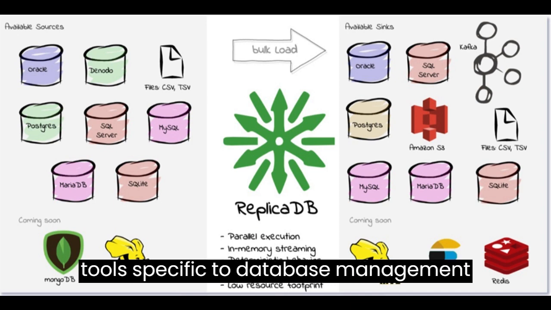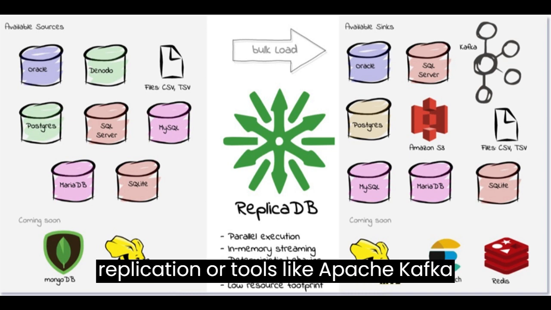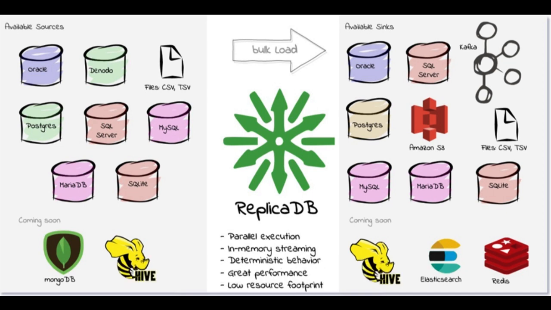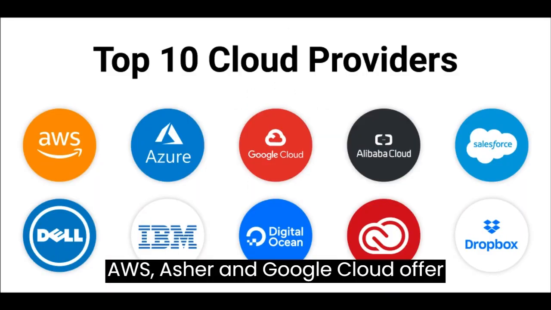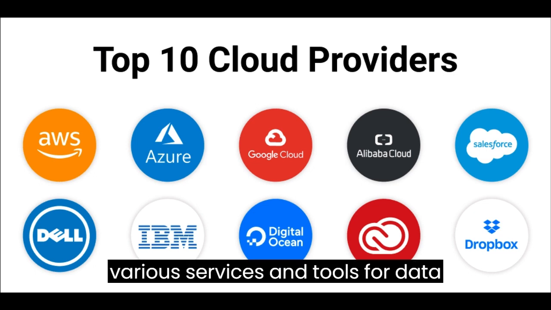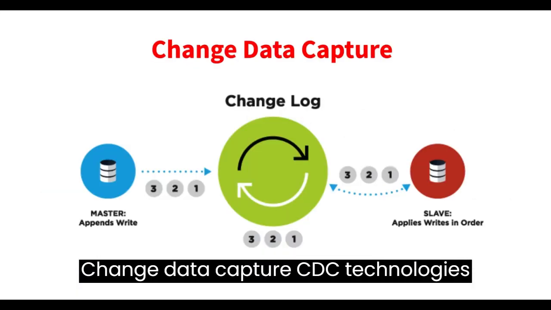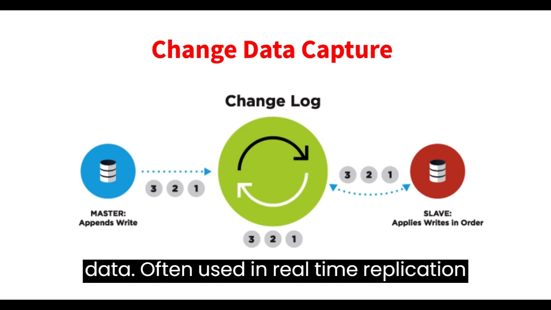Database replication tools, specific to database management systems, such as PostgreSQL streaming replication or tools like Apache Kafka for event-driven data replication. Cloud services, cloud platforms like AWS, Azure, and Google Cloud offer various services and tools for data migration and replication. Change data capture, CDC technologies that capture and replicate changes in data, often used in real-time replication scenarios.